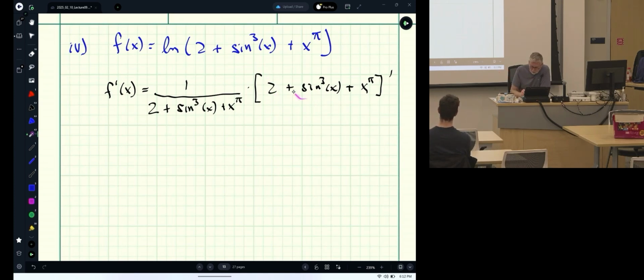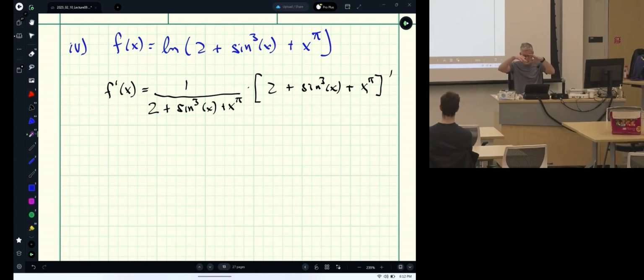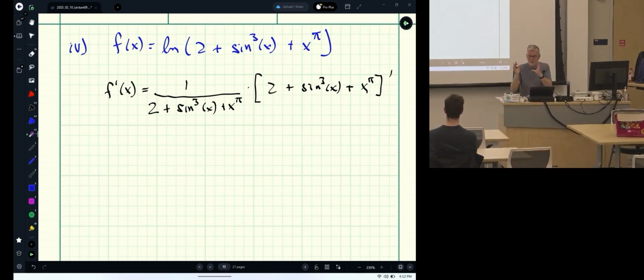We differentiate sine cubed. How do we approach that? It's a power, so the 3 comes down, and then we still have the sine squared. But it's a chain rule, so we need to differentiate sine.